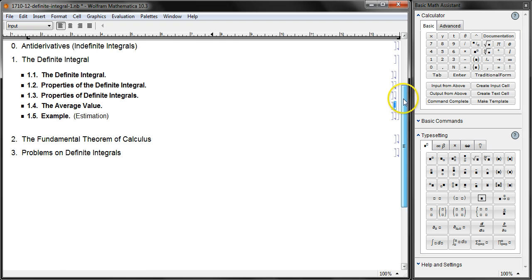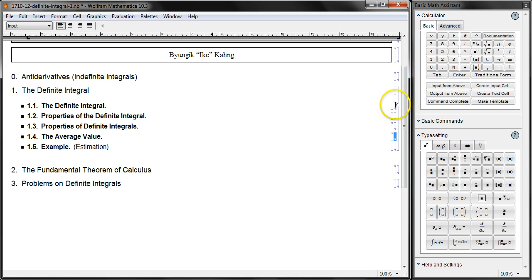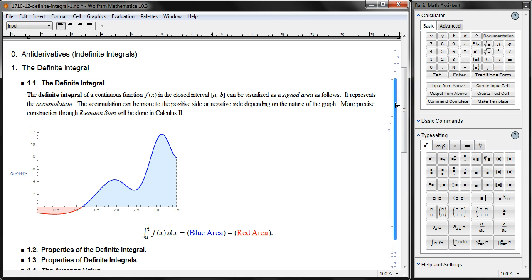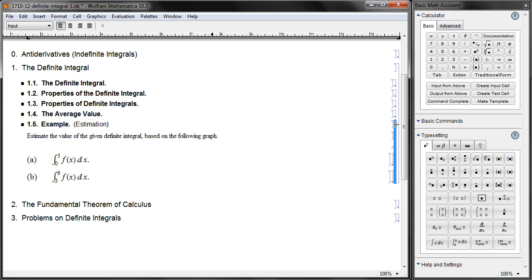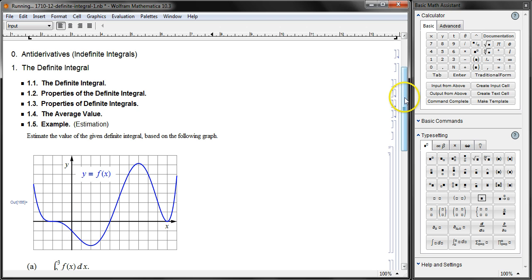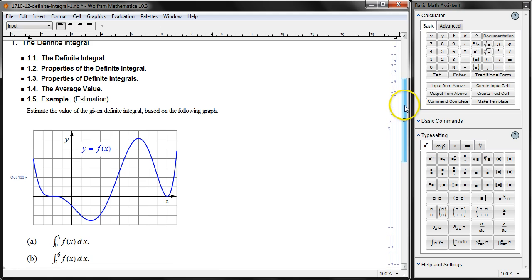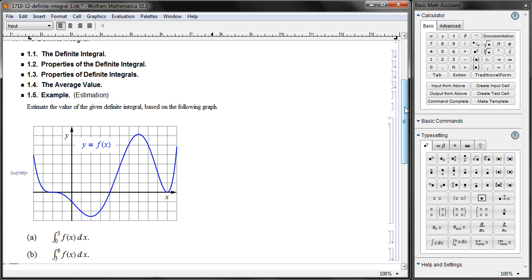Okay, so much for the properties and then the meaning of the definite integral. Remember all these. Now let's go over to some application, and let's begin with some estimation problem. Not the precise computation, but some estimation.